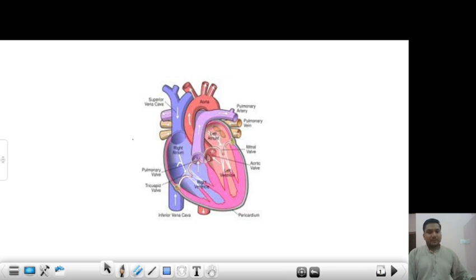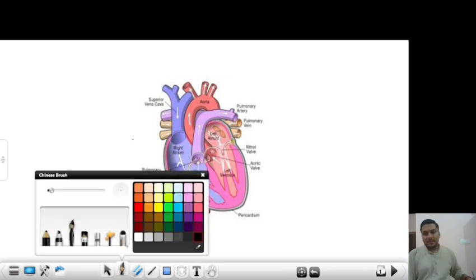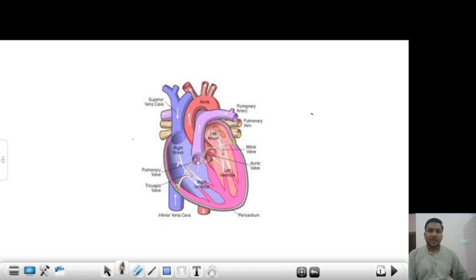So we left in our last class at the point that there is pulmonary artery as well as pulmonary vein.